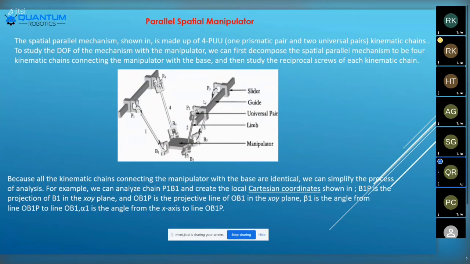And this was the universal pair, which you have learned about in the universal joints. You have a universal pair to rotate in any type of axis system.